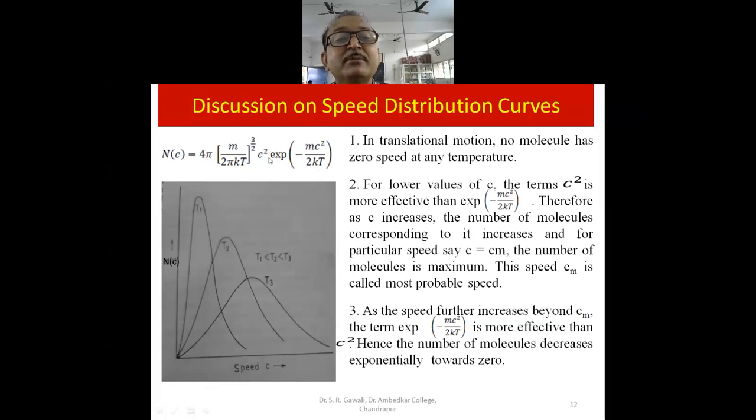So these are the two terms: one is the C square term and the other is the exponential term. These two terms depend upon the speed of the molecules of the gas.